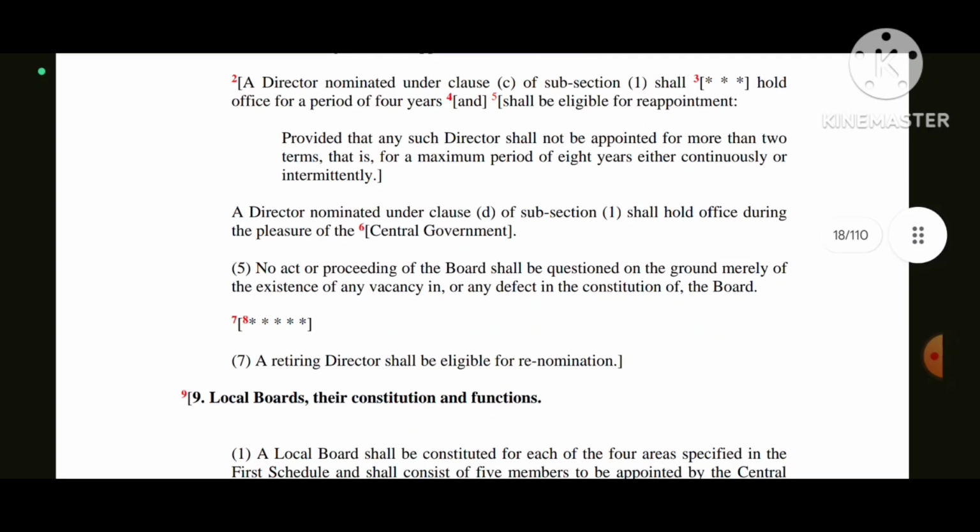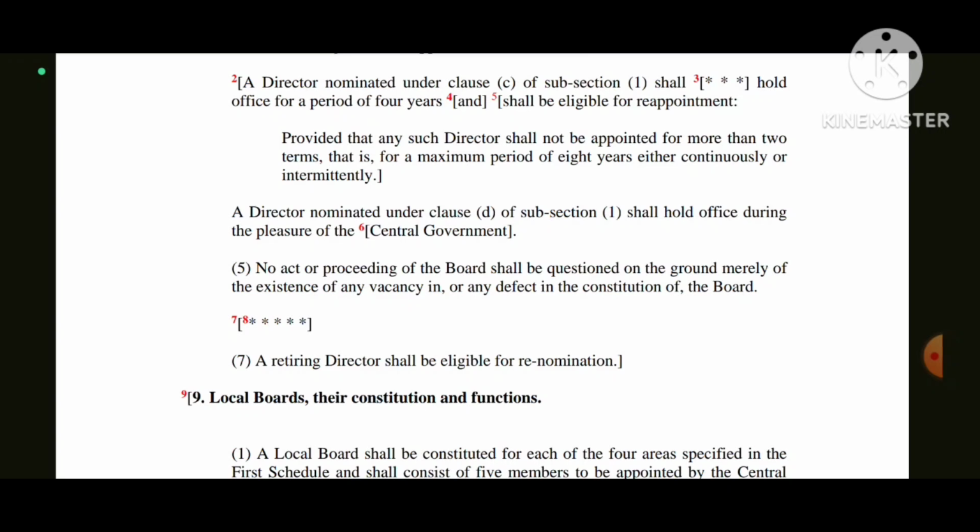Then subsection 5. No act or proceeding of the bank shall be questioned on the ground merely of the existence of any vacancy in or any defect in the constitution of the board. So any decision made by the board of RBI cannot be questioned solely upon administrative or procedural issues. Sometimes someone can find flaws in the act.